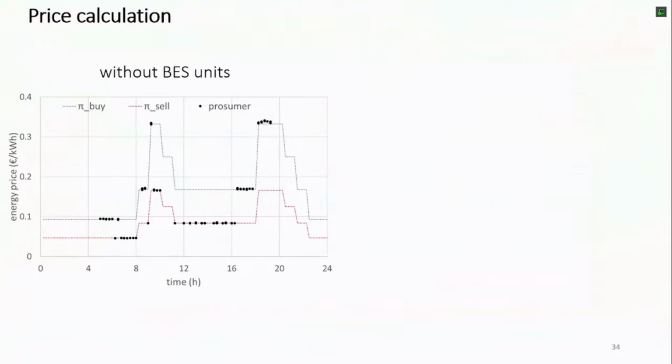And this is a good thing, because it is strange that in the same community, two members transact at a price and other members transact at a different price. If there are no congestions in the network, it is strange to see different prices for different transactions. And indeed, the two methods show that.